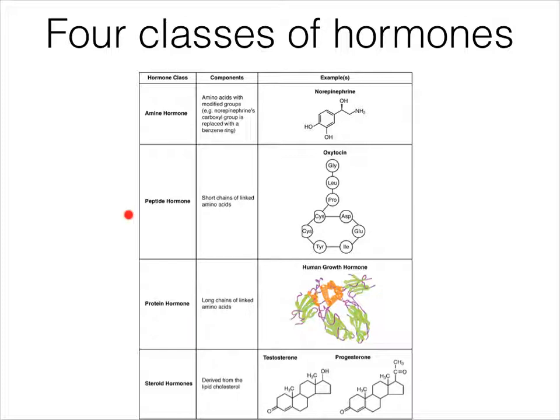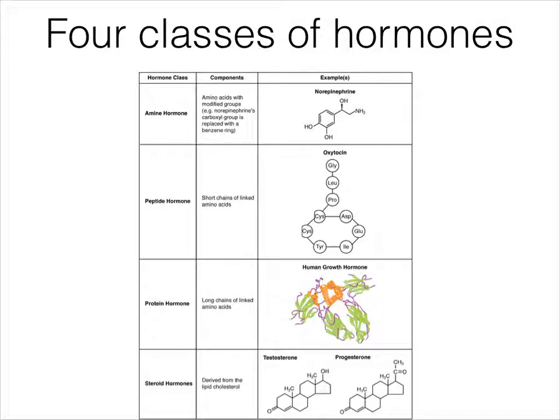You have peptide hormones. These are short chains of amino acids, usually less than 20 amino acids hooked together, often with some linker groups in them. All of your cells have ribosomes that make proteins and peptides. They're made from amino acids again.